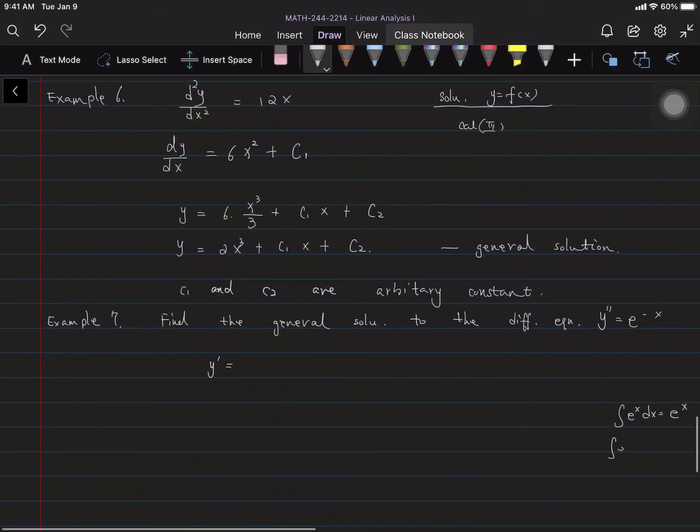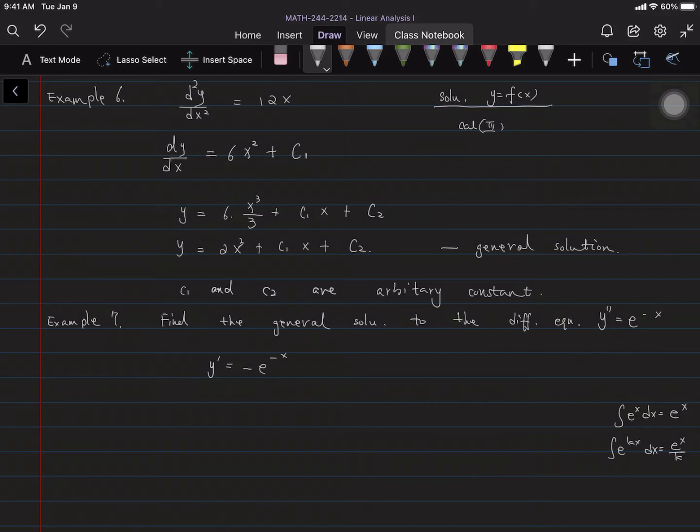And actually, what is the integral of e to the kx dx? It's e to the kx over k. The derivative gives e to the x times k, but the integral gives e to the x over k. Remember, let's use this formula. So this is e to the negative x over negative 1. So let's put negative 1 in front.